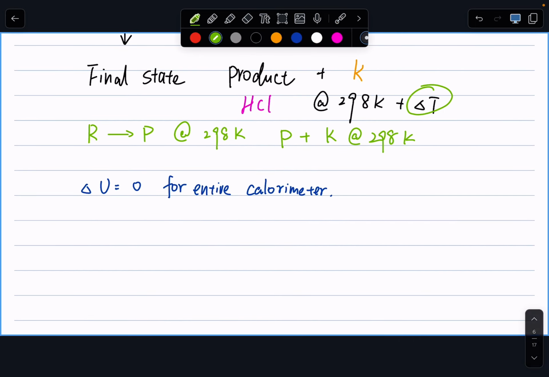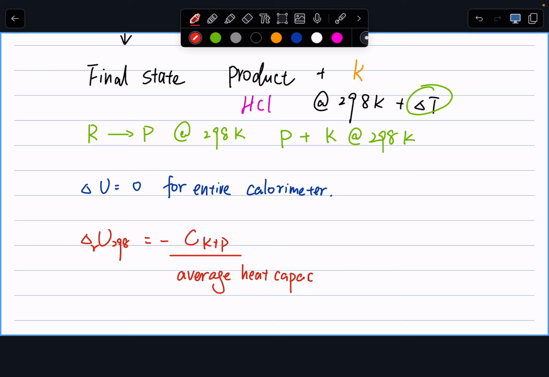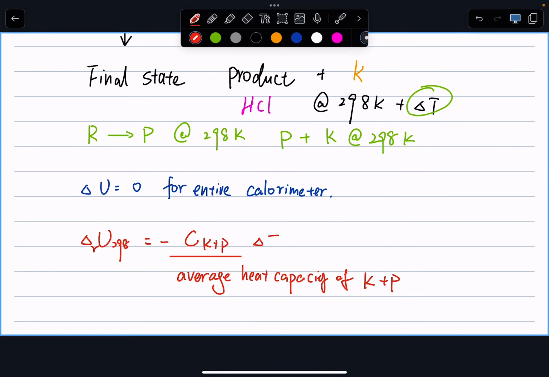So the other way to put it is we have delta U of the reaction at 298 Kelvin equals the negative of the heat capacity of K plus P. This one we just call the average heat capacity of both my reaction chamber, both my products and the water bath, times delta T.